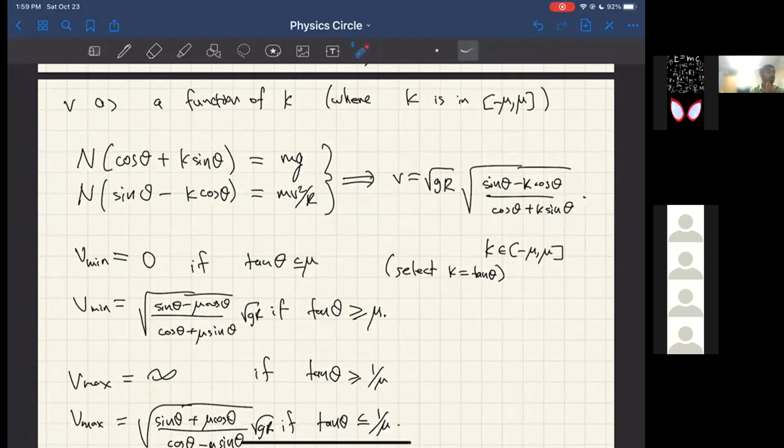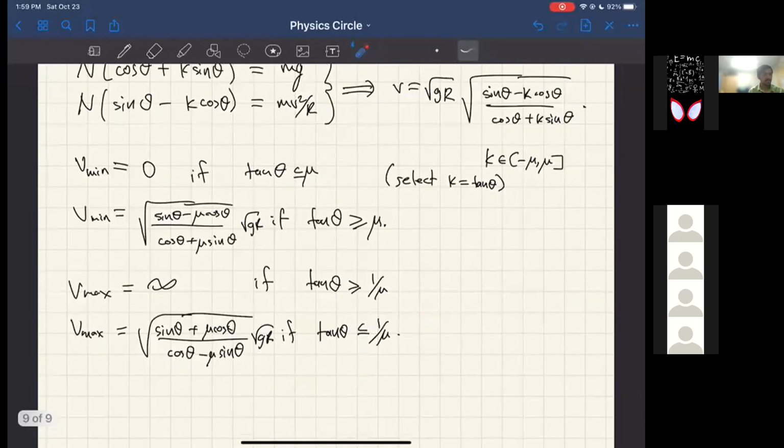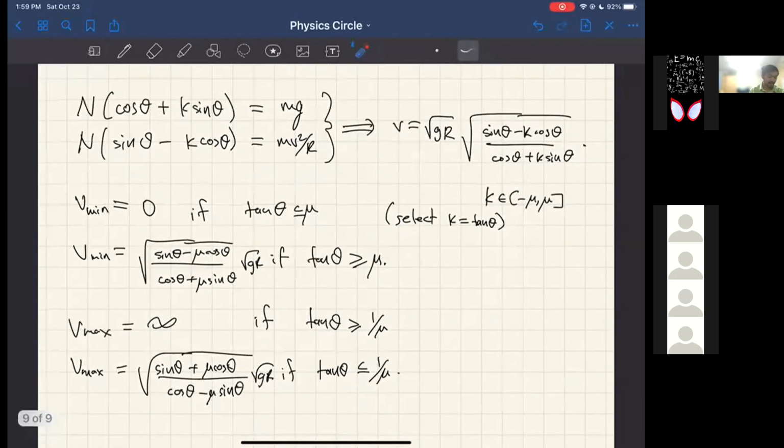But if tan theta is bigger than mu, then I have to have some velocity to make this thing not slide, and that's just when I make k equals mu. In this case, that's the smallest speed that would work. Similarly for this part, if tan theta is bigger than or equal to 1 over mu, then I can just take k equals minus tan theta, or minus 1 over tan theta, something like that, and make this thing infinity. And if tan theta is less than or equal to 1 over mu, then the maximum velocity I can take is just when k is minus mu.